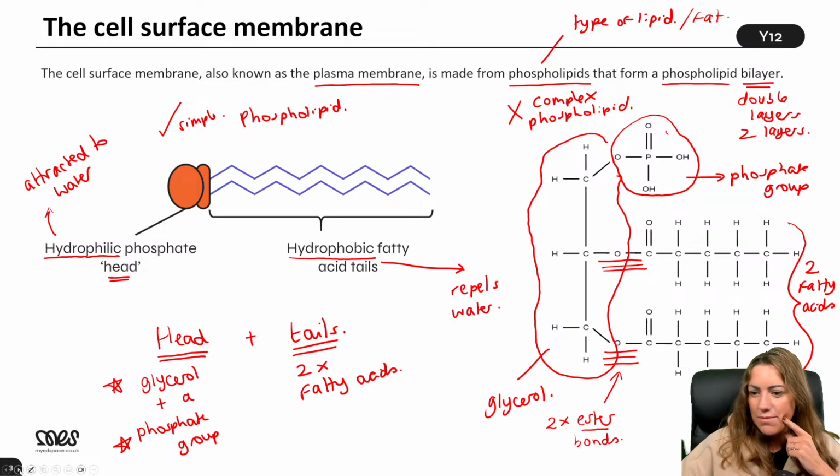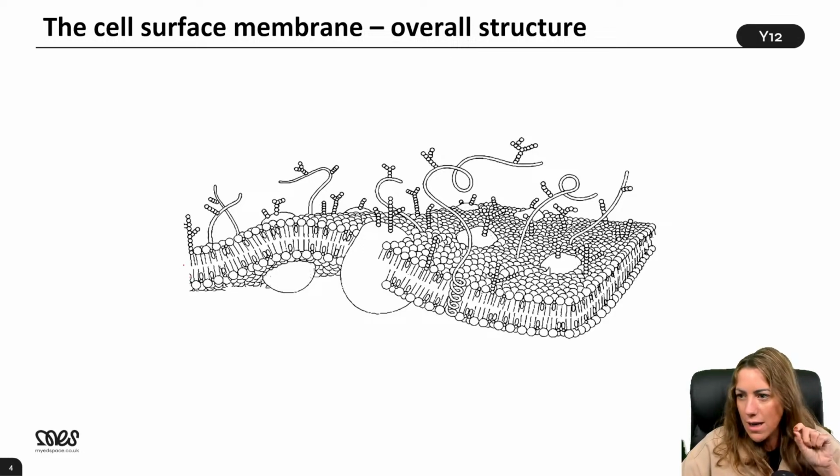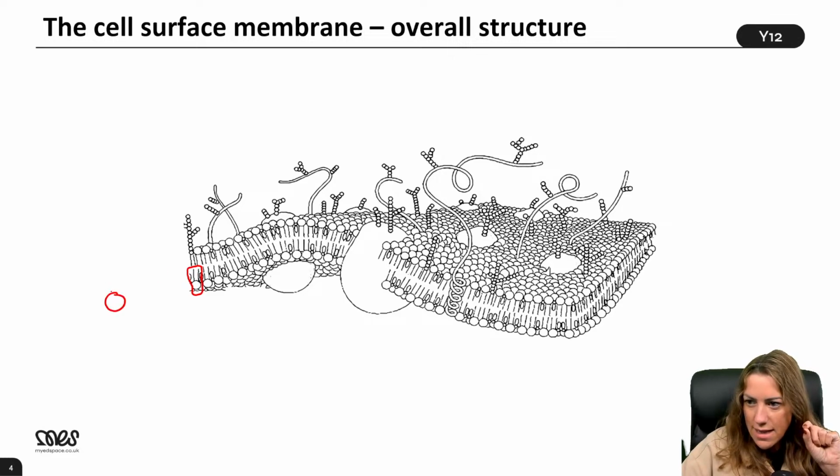Okay, right. So let's have a look at the cell surface membrane then. This is what you're going to see at A-level. So it looks a little bit different to GCSE. Before we look at this in too much detail, can we just check we know which bit is the phospholipid? Let me just put a box around one phospholipid. Okay, so this here, can you see where you've got this? They've really simplified it.